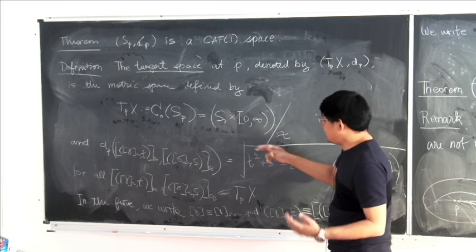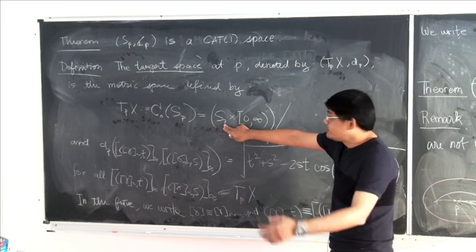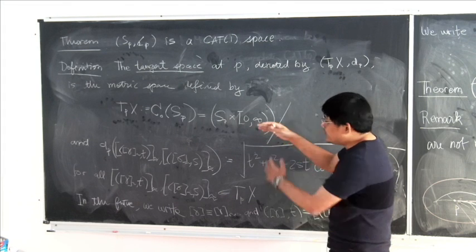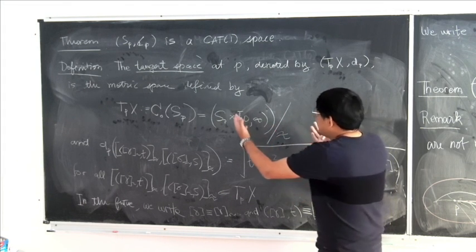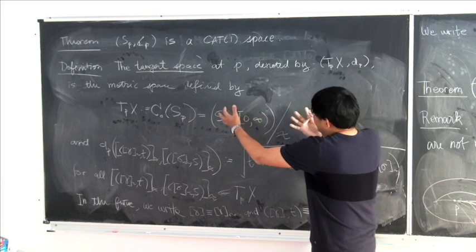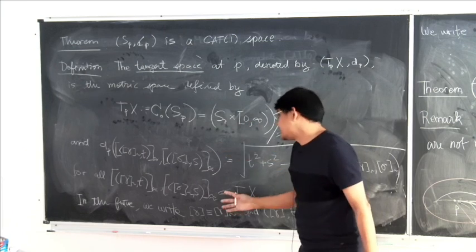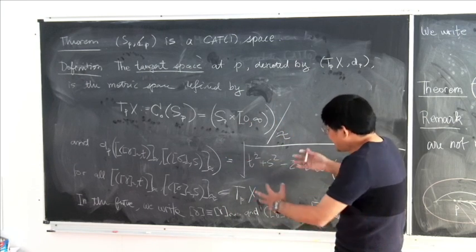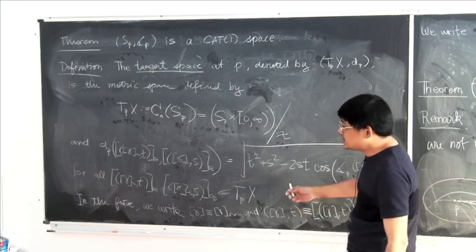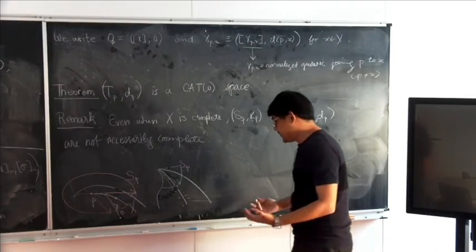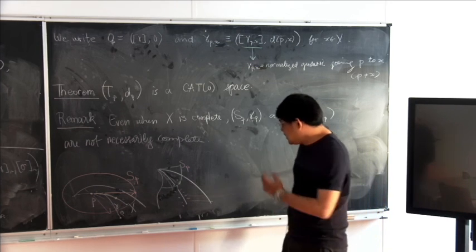You tell me the direction, and you tell me how far you want to go into that direction. But to regularize the idea, to make this a metric space, to make this a CAT(0) space, and so on, you require this complicated construction. It's not as simple as it looks, but this complication works very well, and it's very natural once you get to know it.